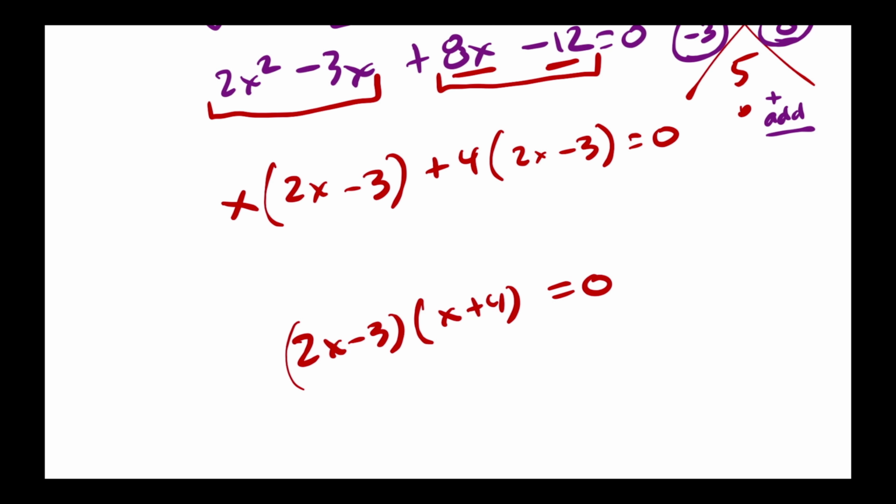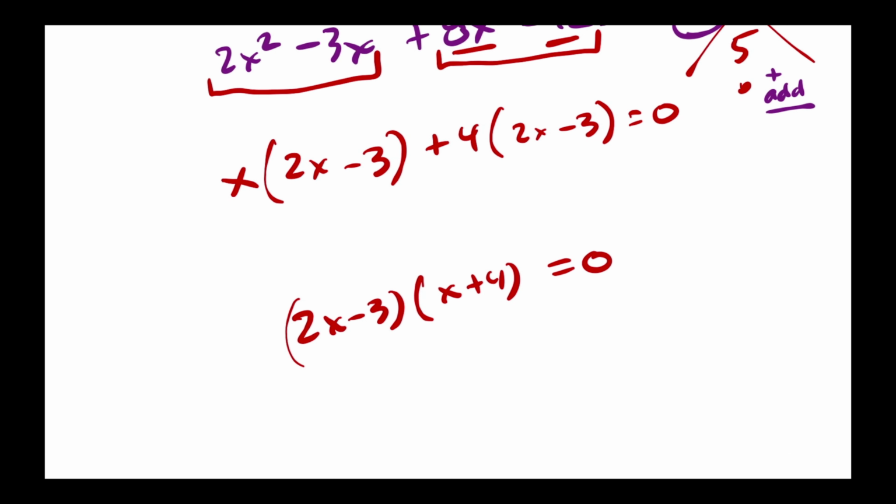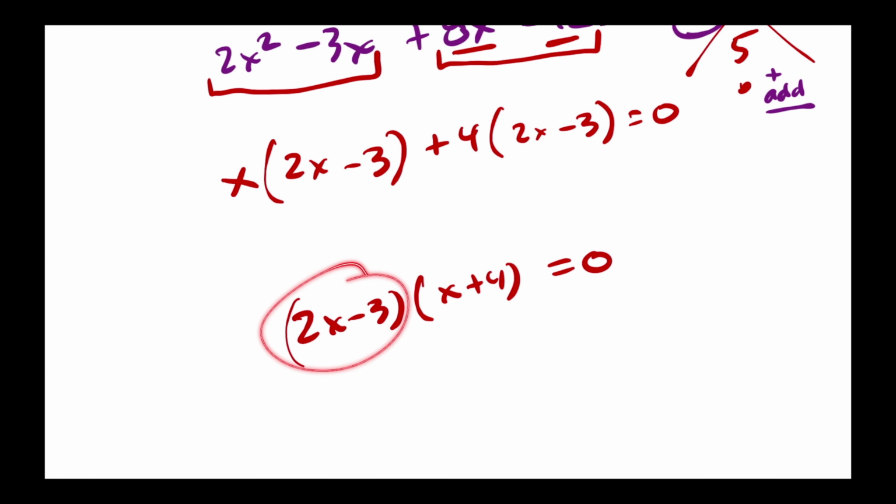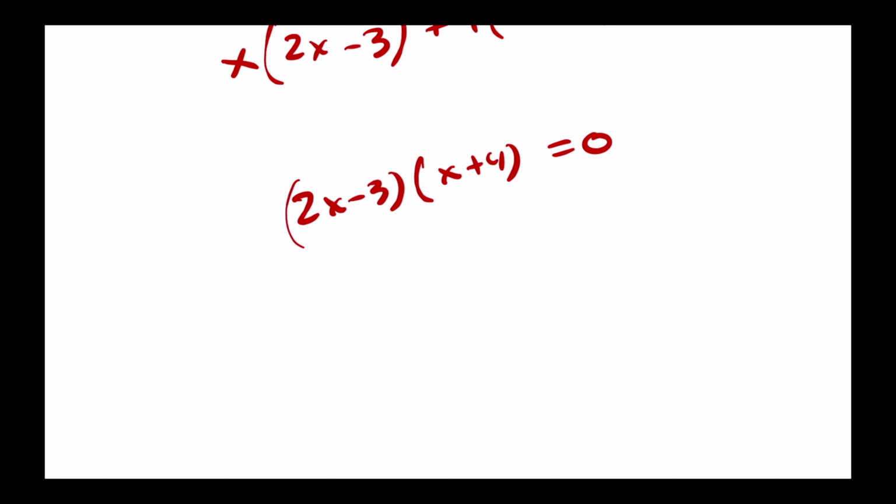So now the reason we did this is because now we have something times something equals 0. And whenever I have two somethings and I multiply them and I get 0, one of those somethings, or both, has to be 0. So that means 2x minus 3 can equal 0 to make this whole thing 0. Or x plus 4 can equal 0. And so let's solve.